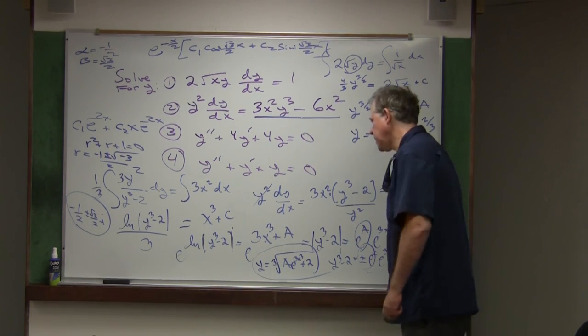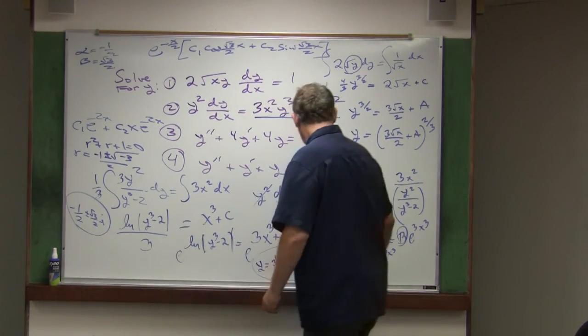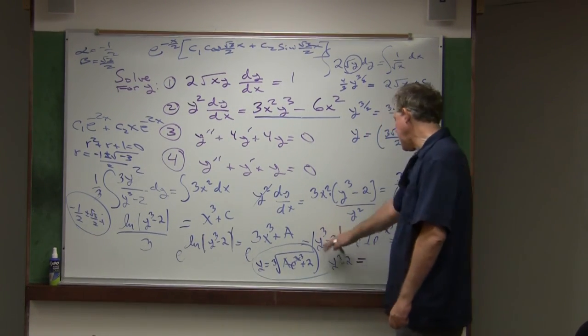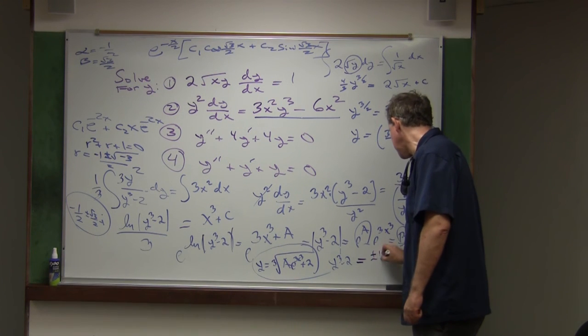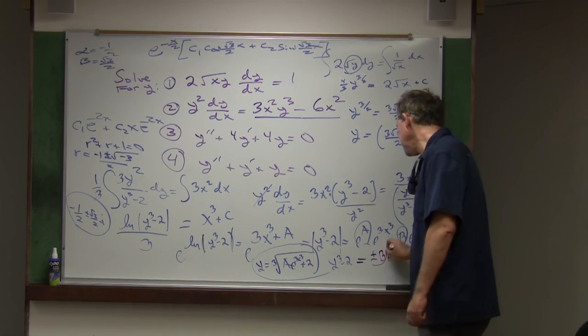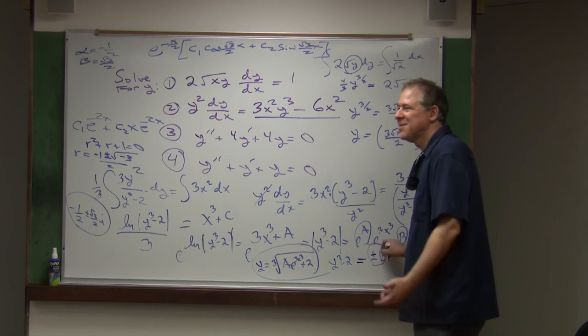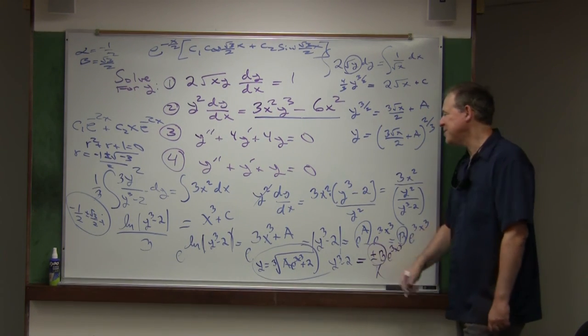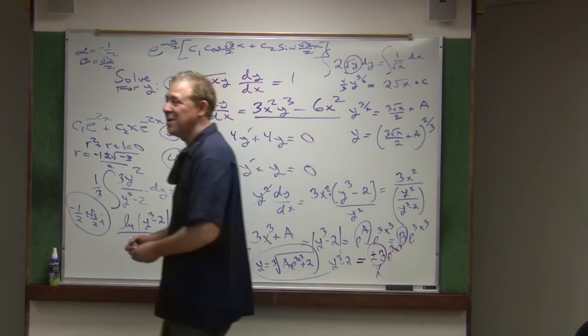But then if we remove the absolute values, it just becomes plus or minus b e to the 3x cubed. But then I can rename this something. Whatever you want, big K, I don't care, just rename it. It's just a constant, it doesn't really matter.